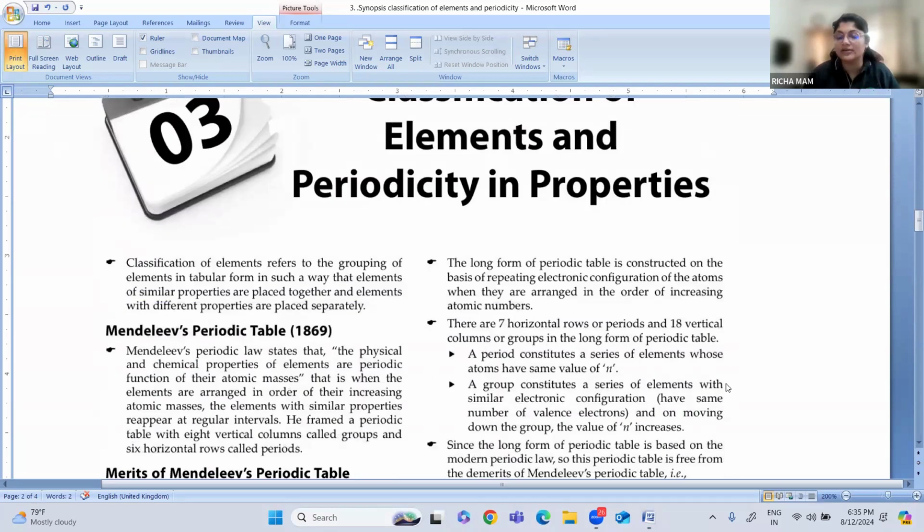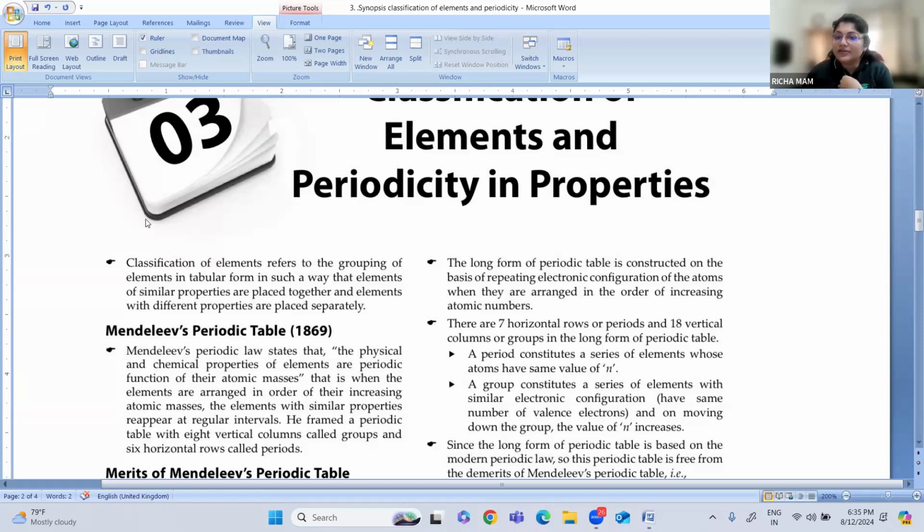For example, alkali metals have similar properties, so they are placed under one group. Then alkaline earth metals are placed in another group. Like that, the elements having similar properties are placed together. So we call it classification of elements.